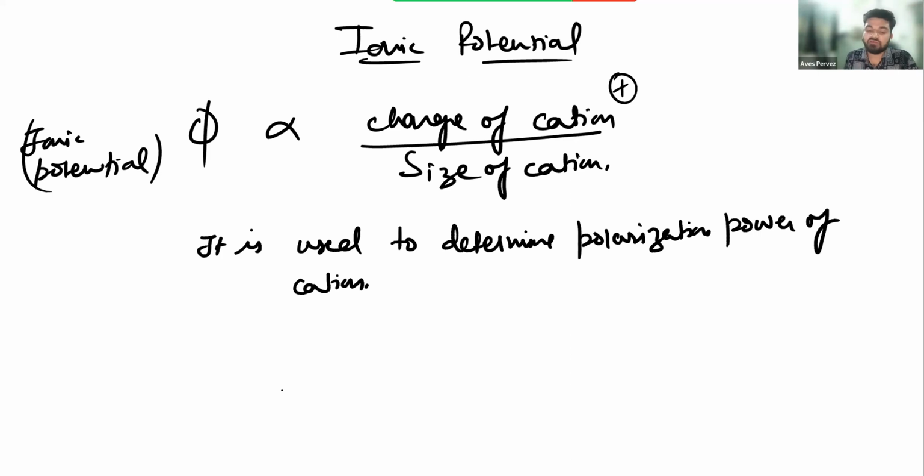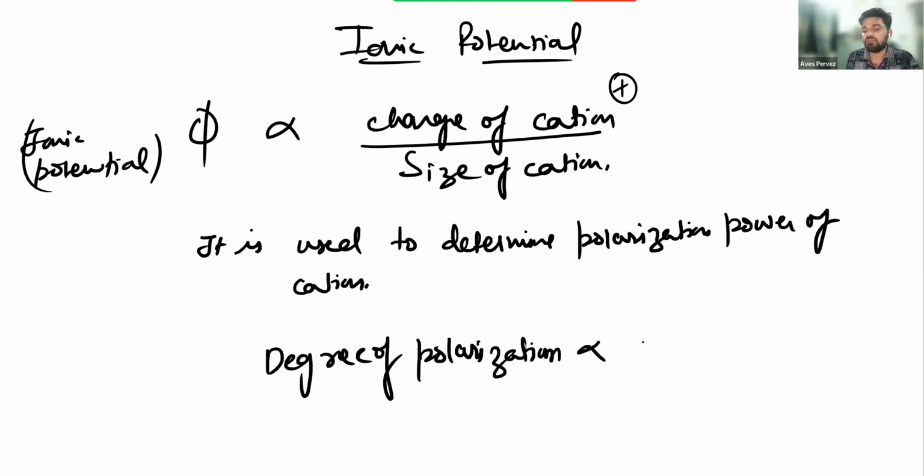Or we can say the degree of polarization is directly proportional to polarization power. Please note it down. The degree of polarization is directly proportional to covalent character. So the more the covalent character, the more the polarization power.